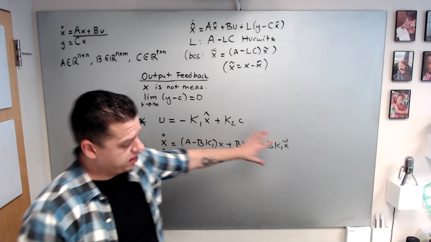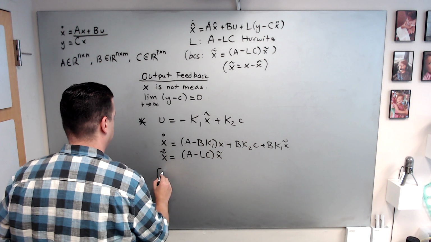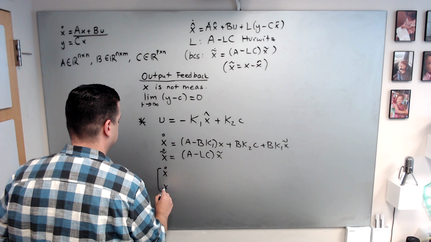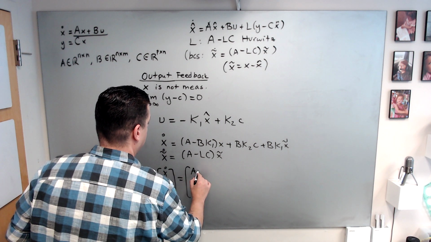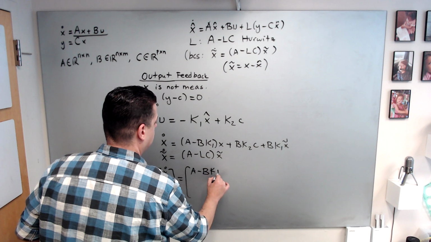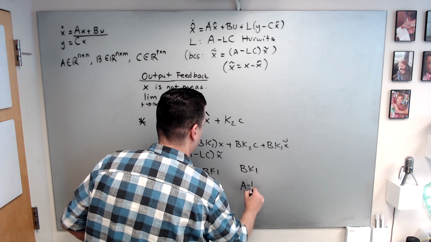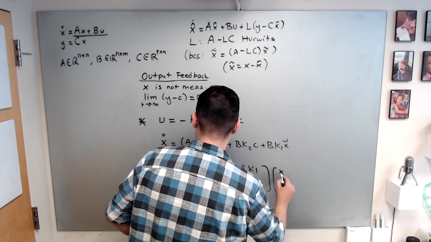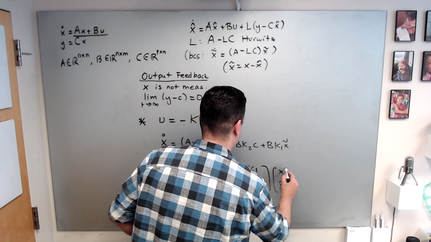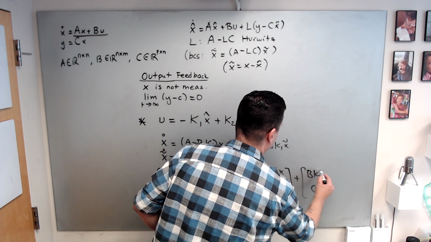Now we can write these two equations more compactly like this. [x dot; x tilde dot] equals [A minus B K1, B K1; 0, A minus LC] [x; x tilde] plus [B K2; 0] C.